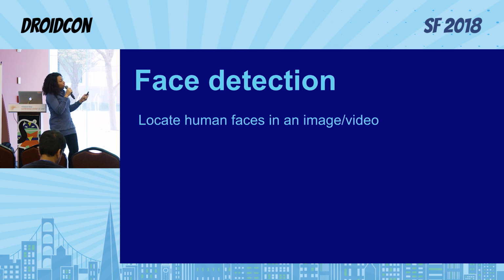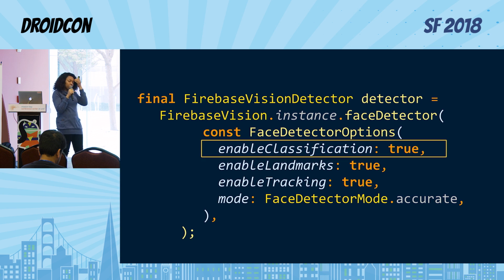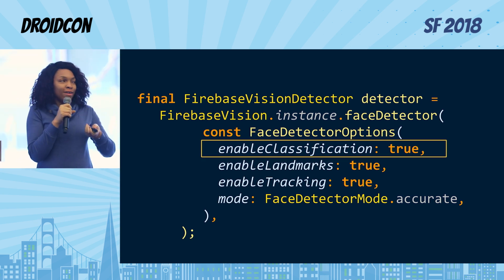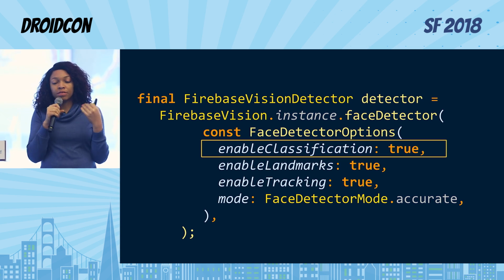So this is how I would call my face detector in Dart. I'm using Firebase Vision using the face detector. I'm highlighting this here because if you want to enable classification, these are disabled by default. What classification means is that it's going to tell you whether the face is smiling, or whether the right eye is open, or the left eye is open, that kind of thing.